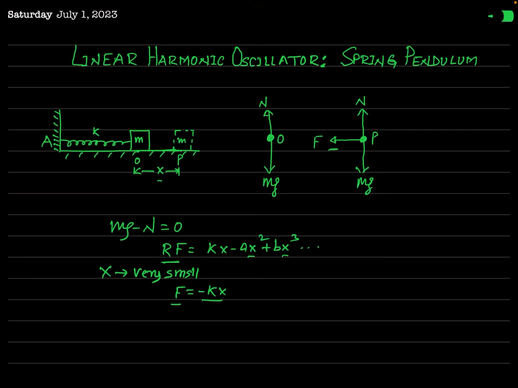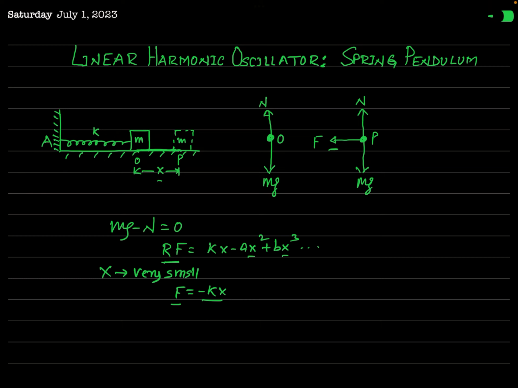And as in this condition F varies linearly with x, if you release the block, this restoring force will bring the block to the equilibrium position, and due to inertia it will shoot out from the equilibrium position and the spring will get compressed. Then the spring pushes the block.